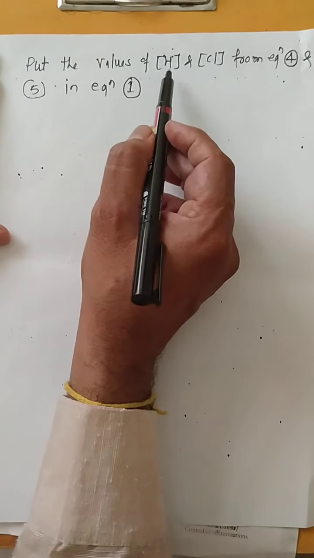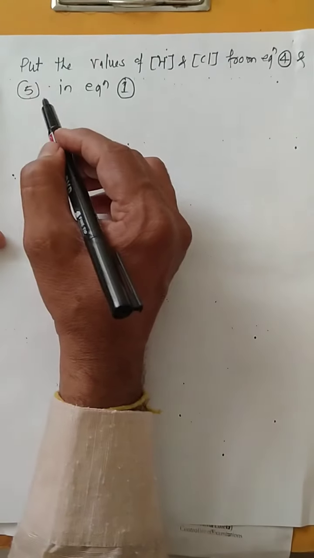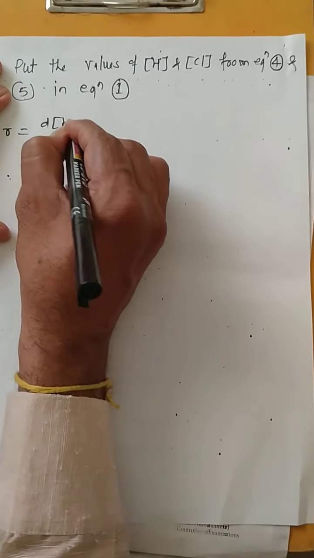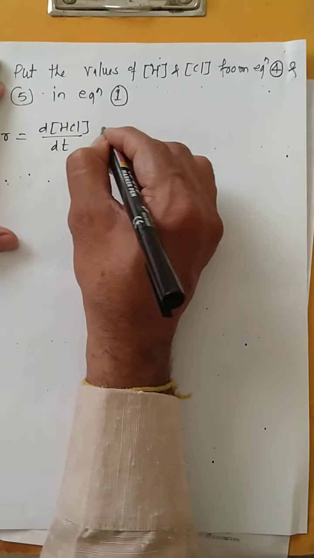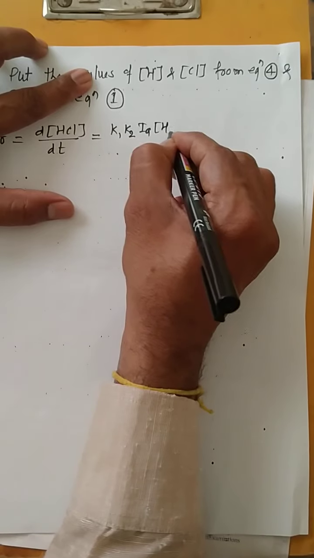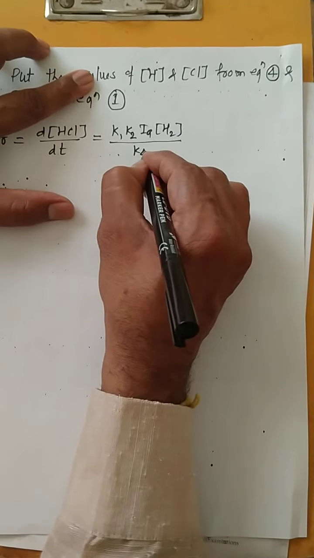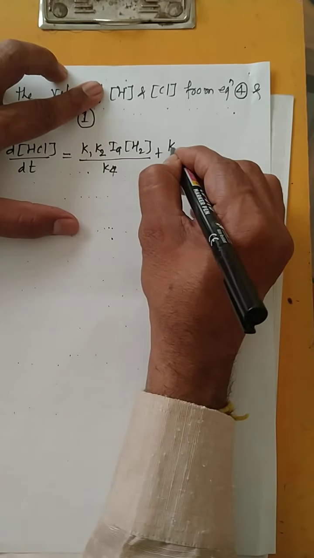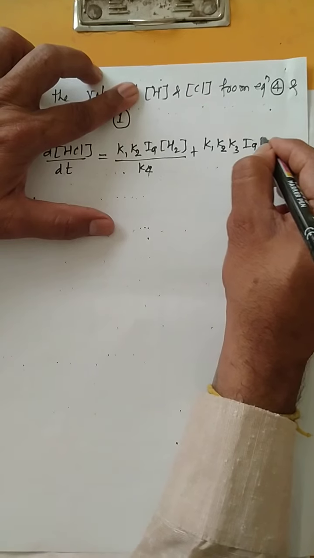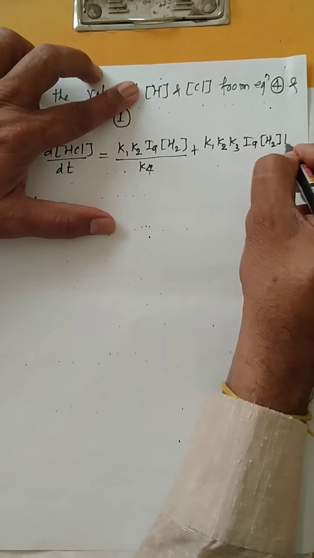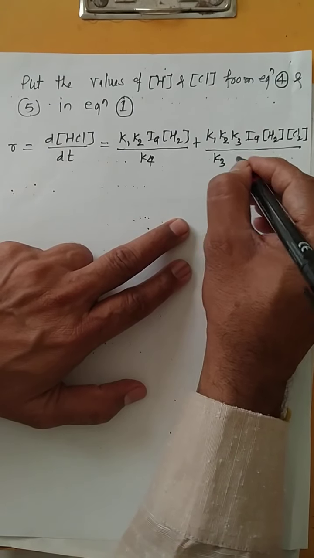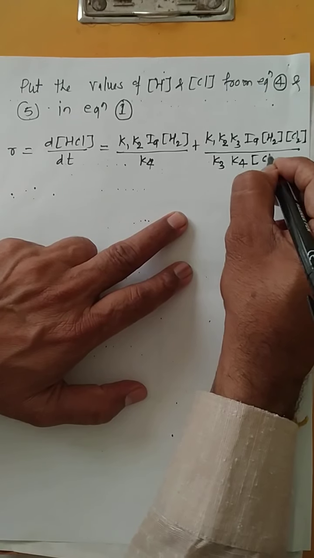Putting the value of concentration of H and concentration of Cl from equations 4 and 5 in equation 1, we get the rate of formation of HCl is equal to K1, K2 intensity absorbed concentration of H2 upon K4, plus K1, K2, K3 intensity absorbed into concentration of H2, concentration of Cl2, divided by K3, K4 and concentration of Cl2.